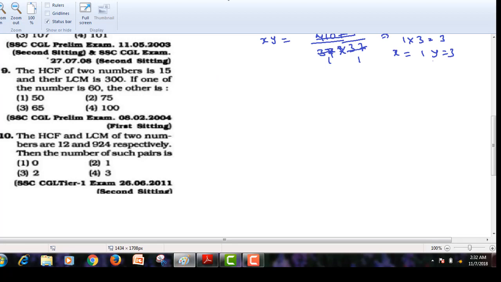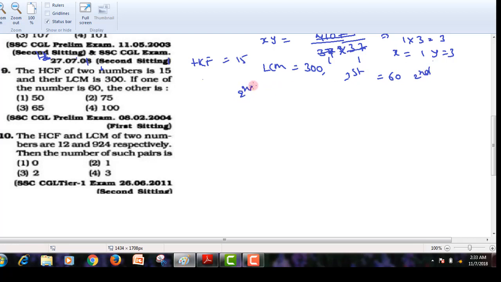If you observe the ninth problem, in this question we have been given the HCF of two numbers. The HCF of these two numbers is given as 15 and the LCM is given as 300, and one of the numbers, that means the first number, is given as 60, and they are asking for the second number.